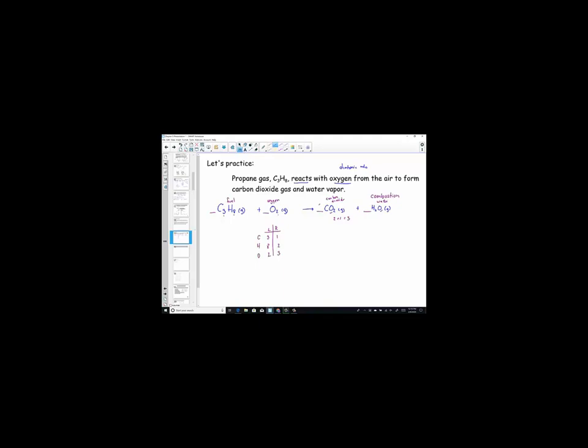I need a coefficient of 3 on the right-hand side to have 3 carbons. Fix your T-chart, because not only did you change the carbons, you also changed the oxygens. So no longer is there 3. There's 3 times 2, which is 6, plus 1 more yet over on the water. So that's a total of 7 oxygens.